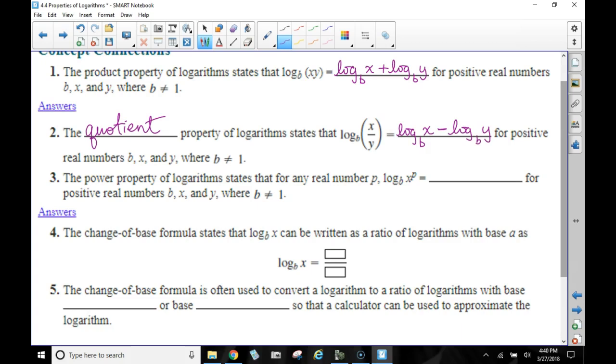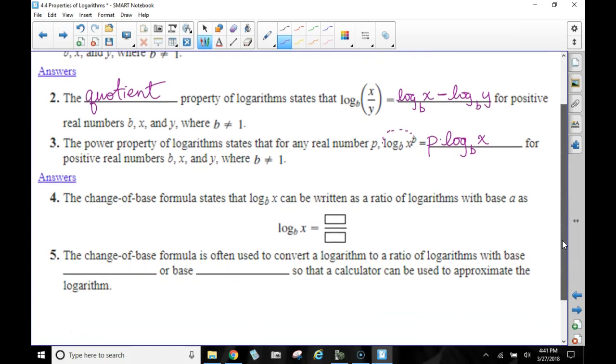Power property says if we've got the log of x to the p power with base b, that's the same thing as that p power multiplied by the log of x with base b. You can bring the p power down front of your log.